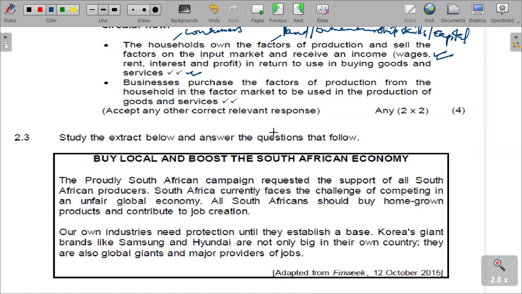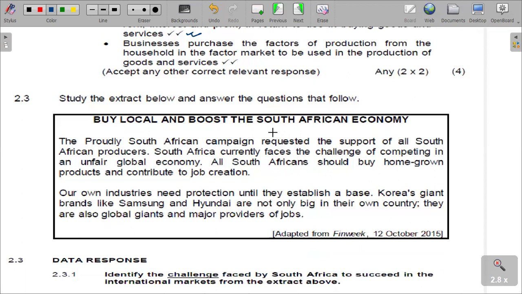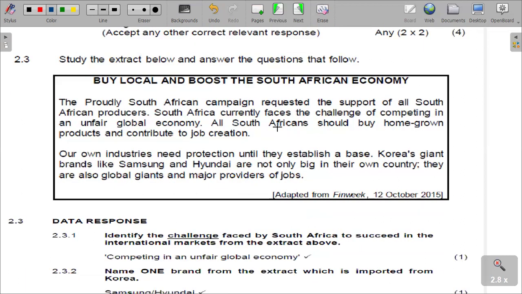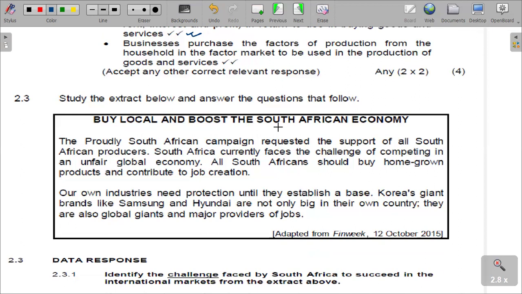We do have an extract, and we need to read and answer the questions that are below. Start the buy local and boost the South African economy. It has to do with the campaign of buying local products so that we can boost our South African economy. The Proudly South African campaign requested the support of all South African producers.